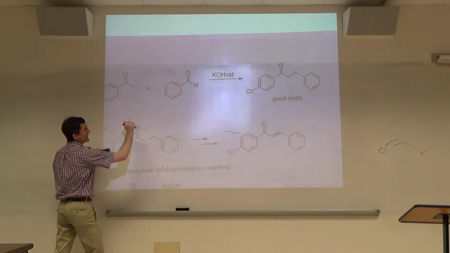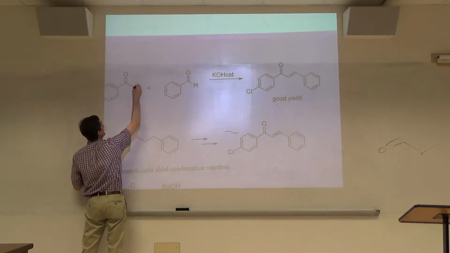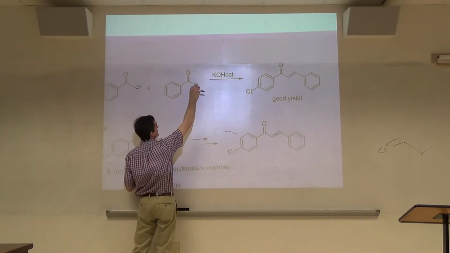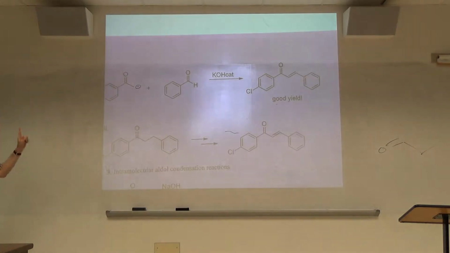Well, you have base, where are you going to make the enolate? That's the only place you can make it. That is not acidic, that is not an alpha CH. You're only going to make enolate right there. There's only 1 enolate possible. So that's going to cut the number of possible products from 4 to 2.